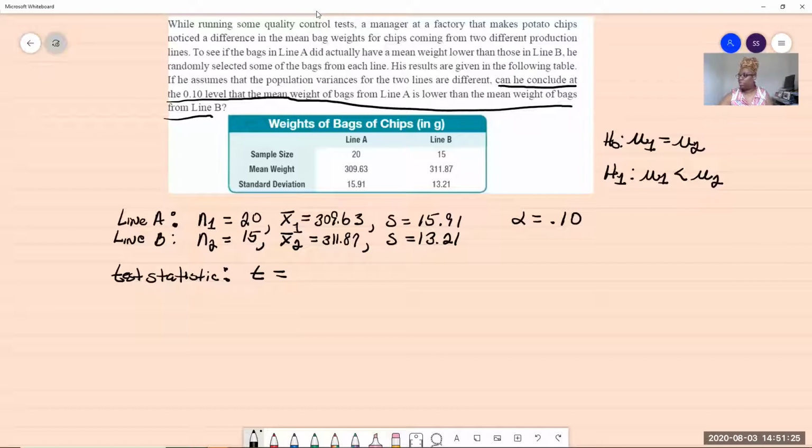Now, you don't have to memorize it; most instructors will give you a formula sheet. So let's just write down our formula for T to get it written down. X bar 1 minus X bar 2, and I'm going to go through this pretty fast, as fast as I can write.